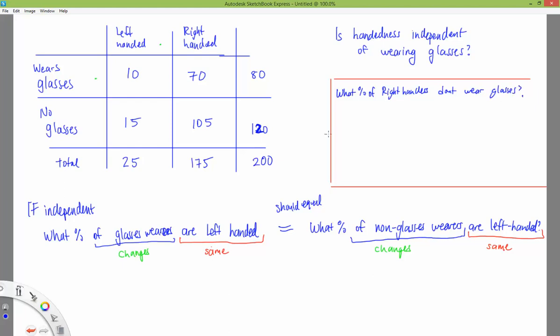What percentage of left-handers don't wear glasses? Exactly. So again, this part doesn't change and the other part does. So what percentage of this changes, and this part stays the same.